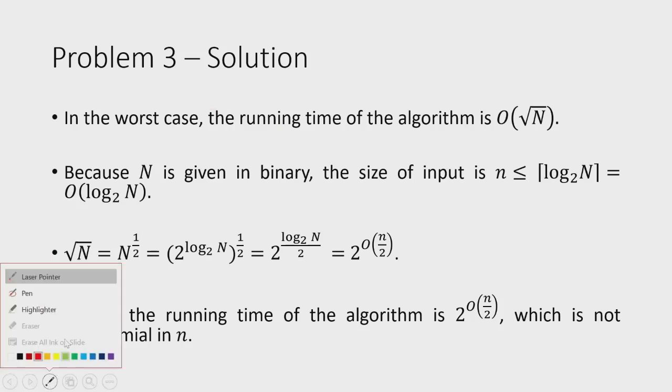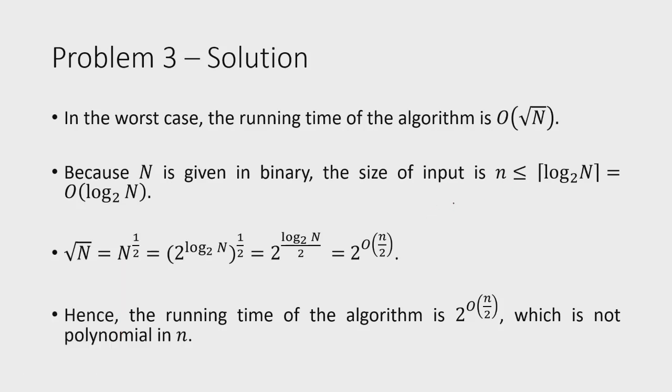Okay, so let's try a few examples. We have a number n. Let's say n is equal to 5. How many bits do I need? 1, 0, 1. This is 5, right? Now what is log 5?